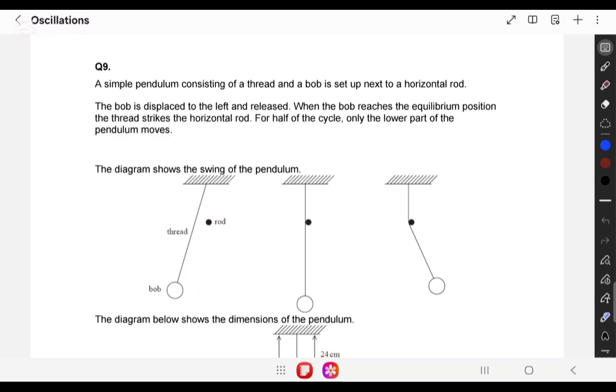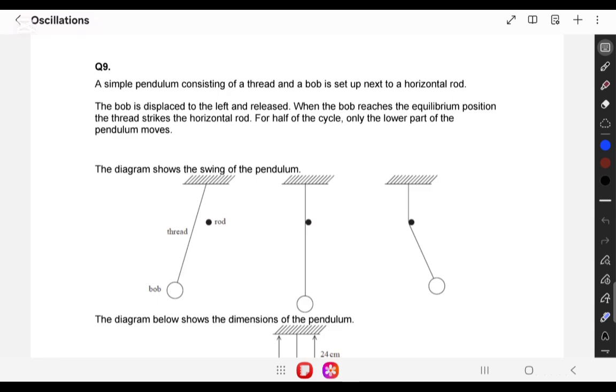Okay, so next we'll try a pretty tricky question on oscillations. It says a simple pendulum consisting of a thread and a bob is set up next to a horizontal rod. The bob is displaced to the left and released, and when the bob reaches the equilibrium position, the thread strikes the horizontal rod.